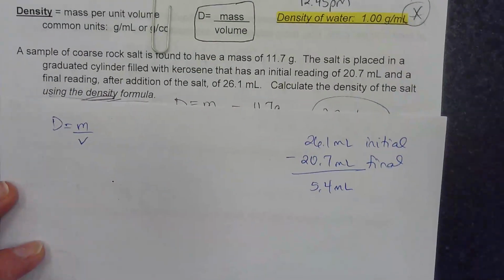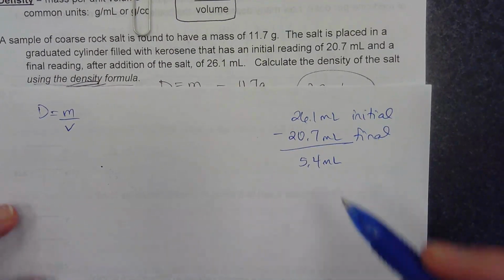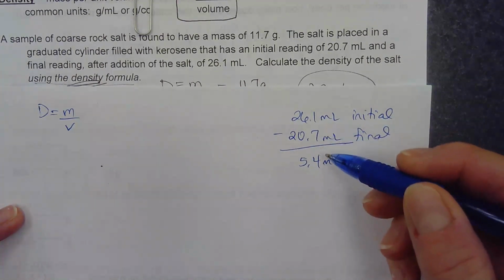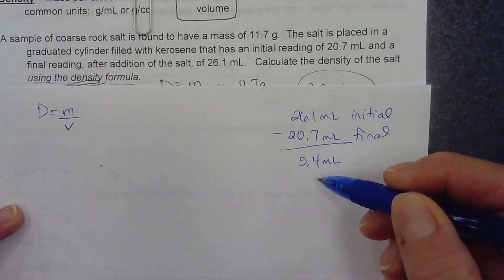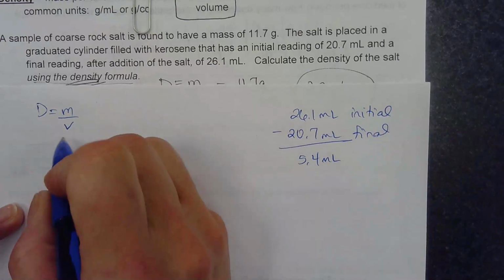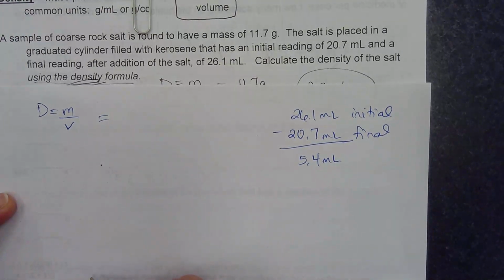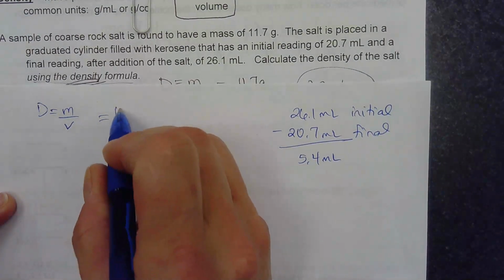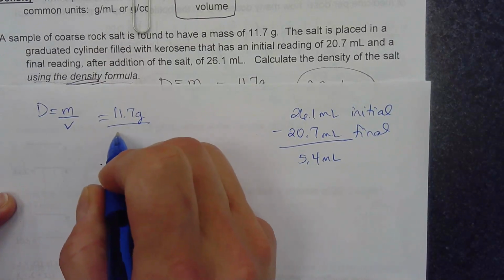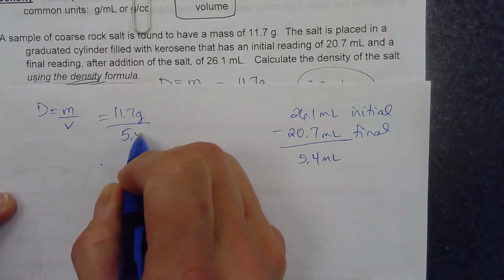Now, significant figure-wise, is this correct? One place after the decimal, one place after the decimal? Yes? So, what's our mass? 11.7 grams, and our volume is 5.4 milliliters.